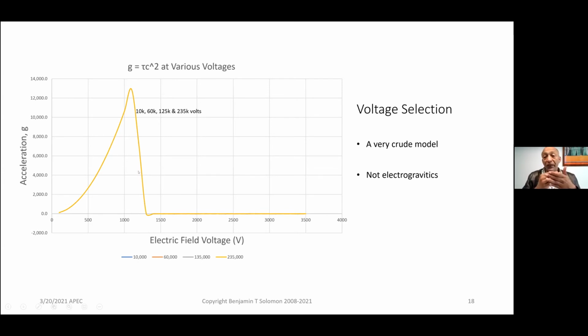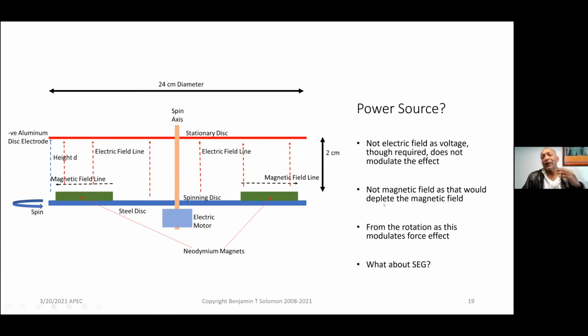You need voltage to create the electromagnetic velocity, but it is not important to the effect, because all four graphs lie on the same line. That means we can run this experiment at 500 volts. You don't need a 200,000 volt generator. You can run it at 500 volts, which is good news. Until the experiment tells you it's wrong.